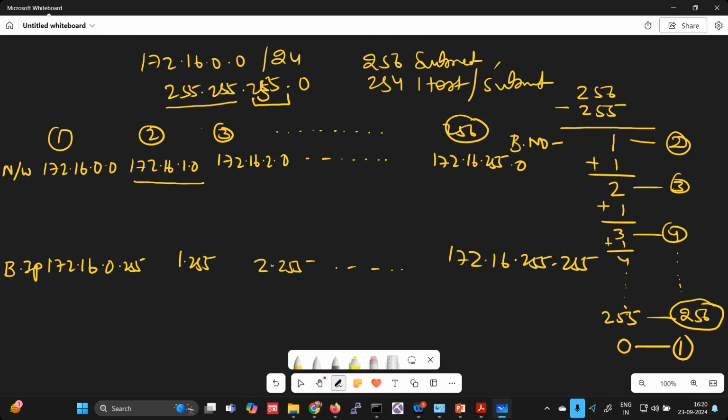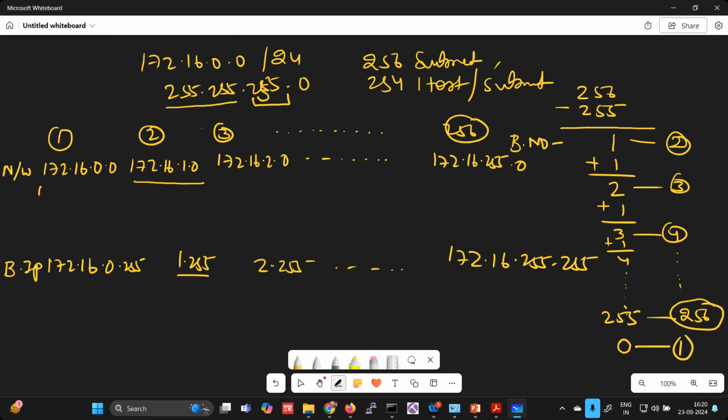So this is the network address of the first subnet. This is the second, third, fourth, and this is the broadcast address corresponding to the first subnet. This is the broadcast IP address corresponding to the second subnet, and in between, 172.16.0.1 to 0.254 is the valid IP range that can be assigned to PCs in this subnet.